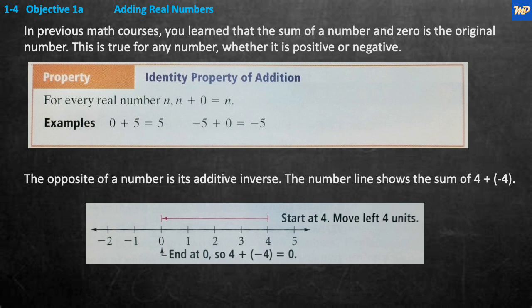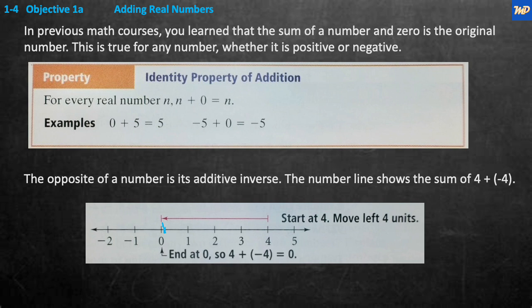The opposite of a number is its additive inverse. We just talked about that. The number line shows the sum of 4 plus a negative 4. So let's look at that. We see on the number line, here's 0 right here, and it says 4. So at the end we got 0. It says 4 plus negative 4, right?